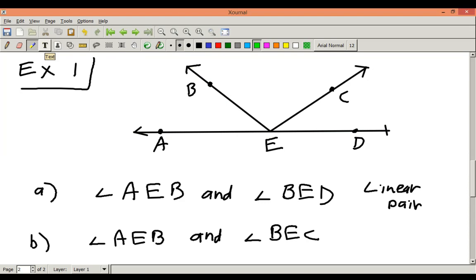So angle AEB, again, will be right here. And this time we got angle BEC right here. So they don't add up to a straight angle, so they're not a linear pair, but they are adjacent because they have a common side and a common vertex.